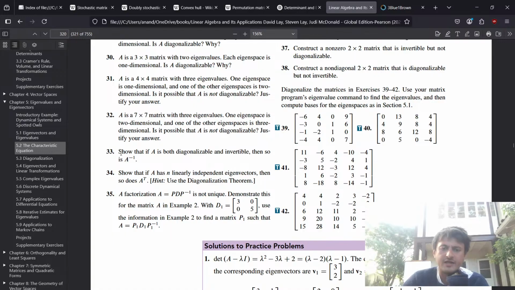Okay, so, all right, A is both diagonalizable and invertible. So that means that A equals P D P inverse, with P invertible and D diagonal. So now we need to show that A inverse equals P, I don't know, we'll say P2 D2 P2 inverse.